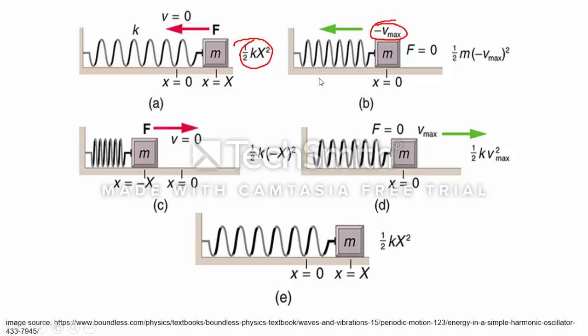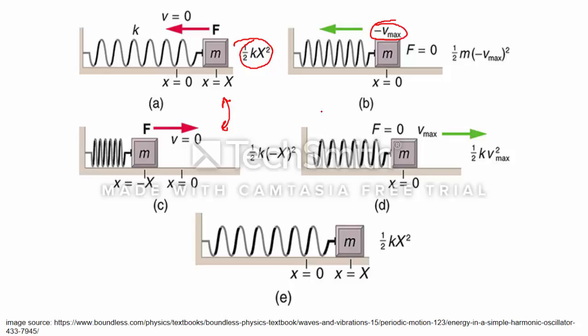When it reaches this negative max here, it's going to be basically the opposite. It's going to be pretty much just the negative of this one. So your velocity again will be 0, your force and your acceleration will be at maximums. It's going to be all potential energy and no kinetic energy.